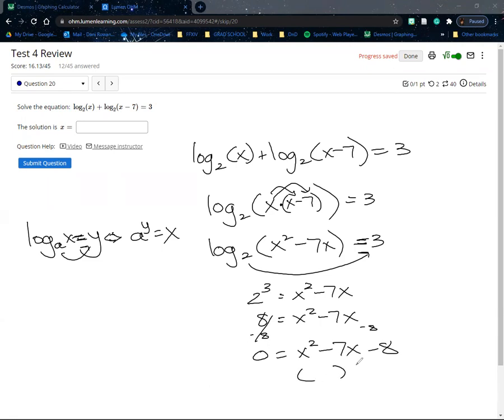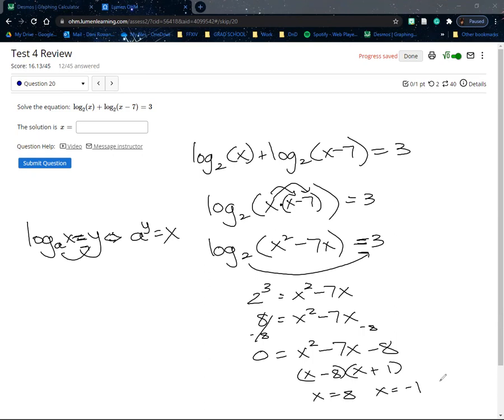Is this factorable? We can do that, right? 8 breaks up into 8 and 1. And if you have negative 8 plus 1, you got negative 7. So in the end, we have x equals 8 or x equals negative 1.